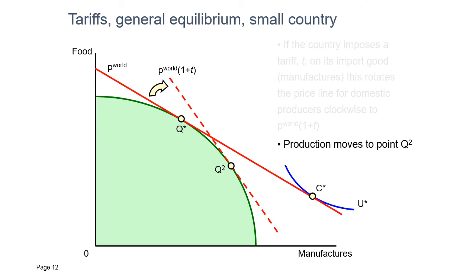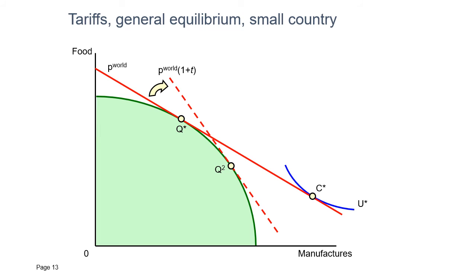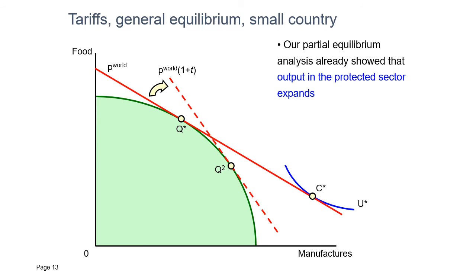So now, because we apply the tariff and the line becomes steeper, we are going to produce at Q2. That's the new place of production. We're going to analyze consumption in two slides' time. So for our partial equilibrium analysis, what has happened from Q star to Q2? We are now producing more manufactures and less food.